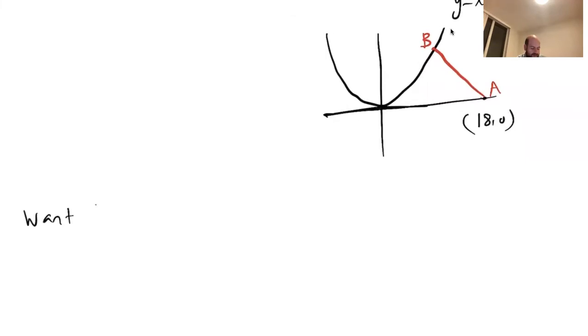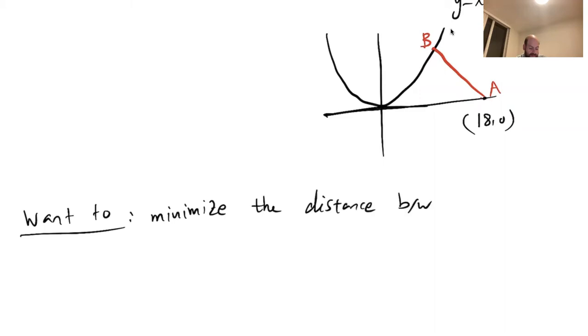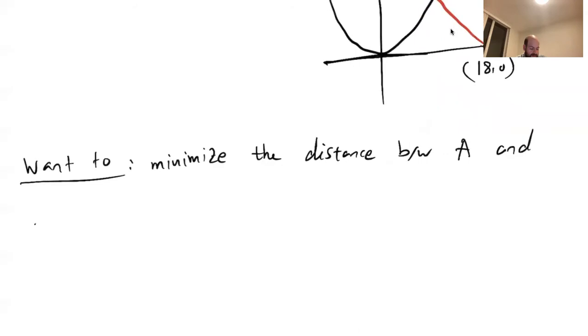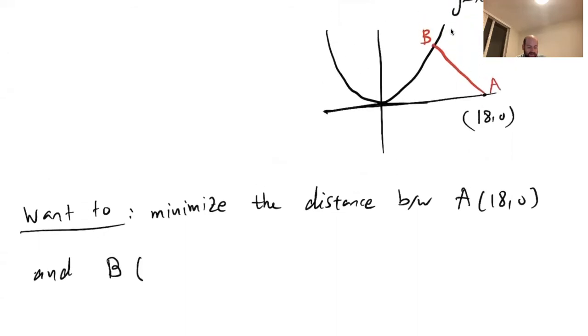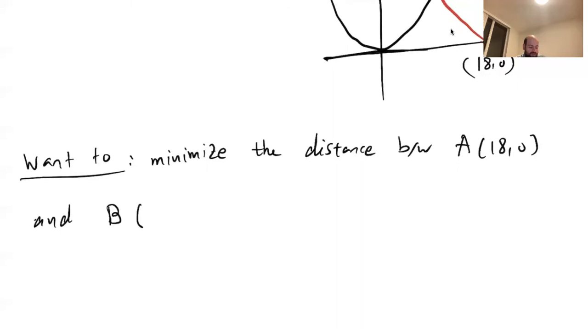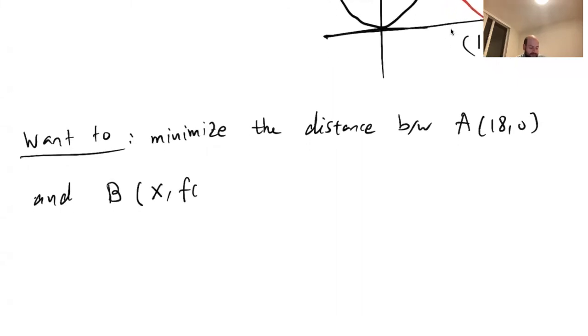Here we want to minimize the distance between point A, remember, it's fixed point A, which is 18 and 0, and point B, let's say a point B on the curve, which can be written as x and f of x, which is going to be x and x squared in this case.